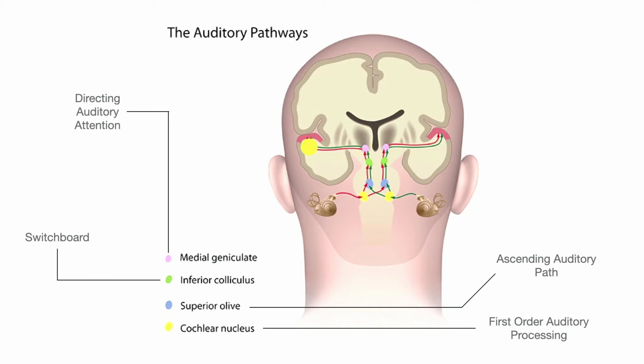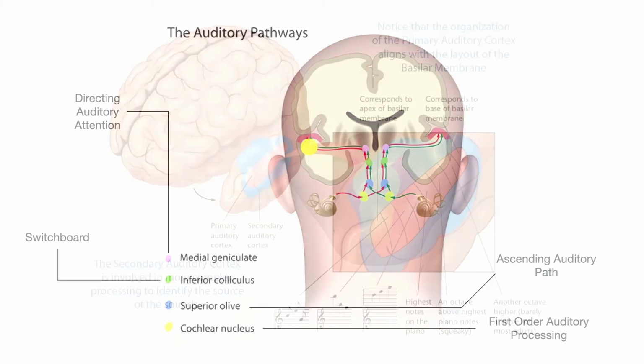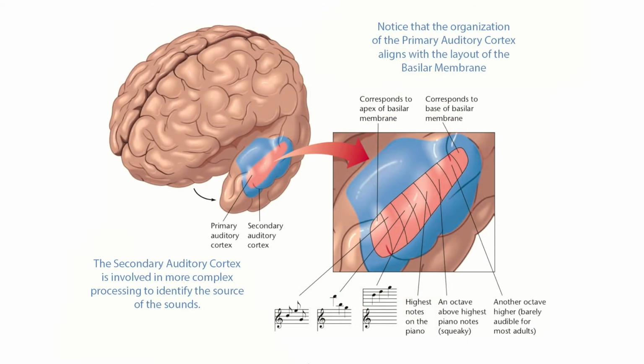So let's further look at this particular pathway by looking at a different graphic here. And here we have a picture of the auditory cortex, which is sort of on our temple if you look at it from the outside, and the upper surface of it is divided between the primary processing and secondary processing cortexes.